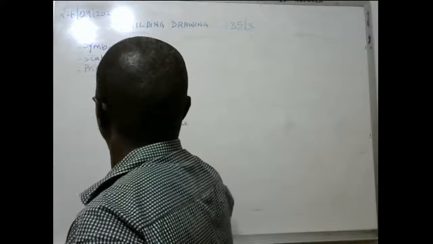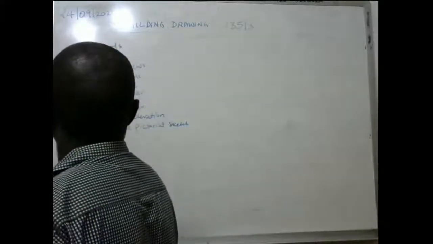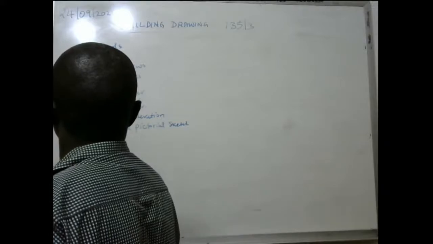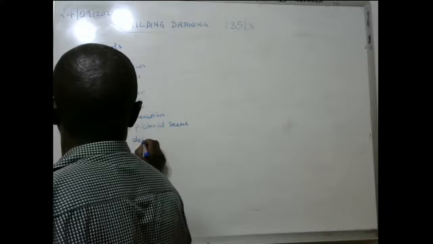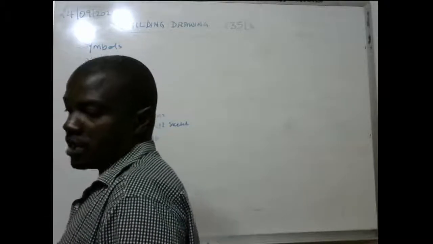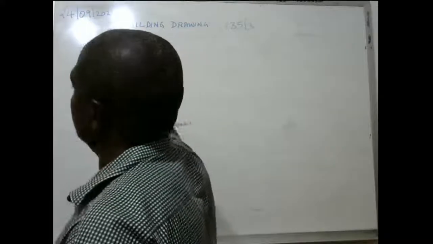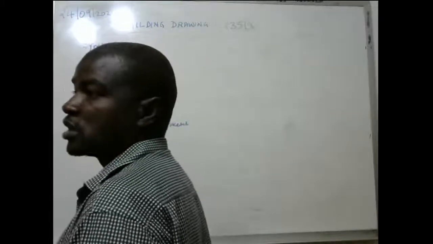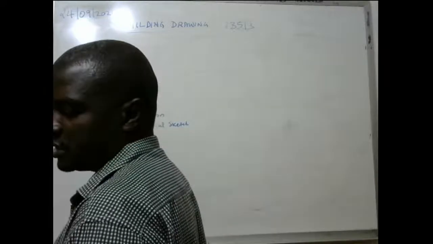And then, other than this, we also have what we call building details. They are also part of the outline. So, in brief, this is the outline for paper 3, building drawing. That is how simple it is.